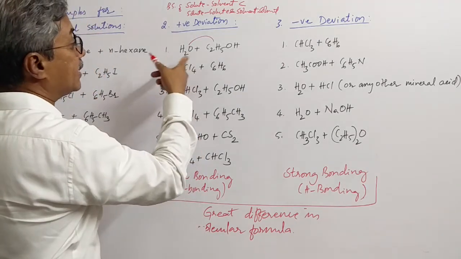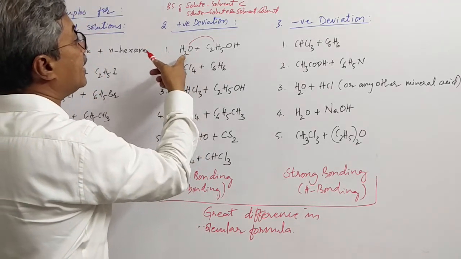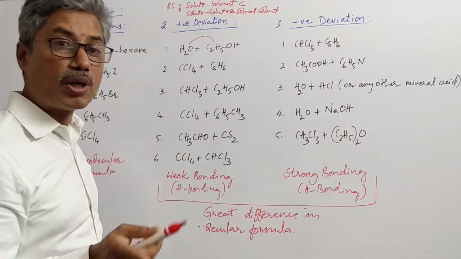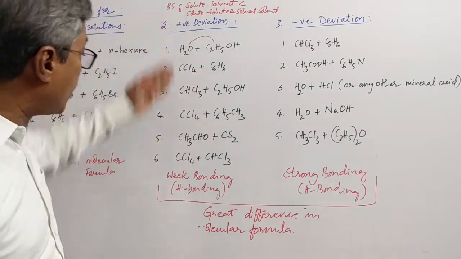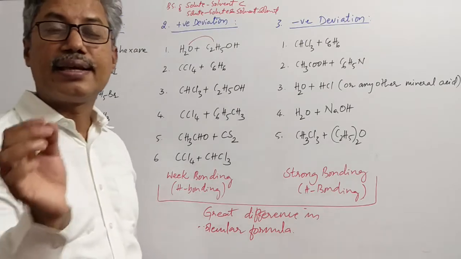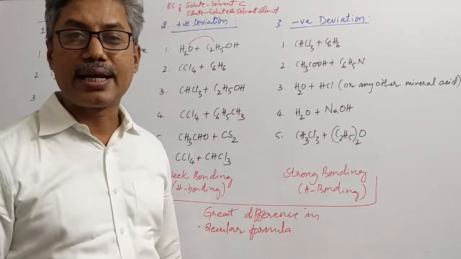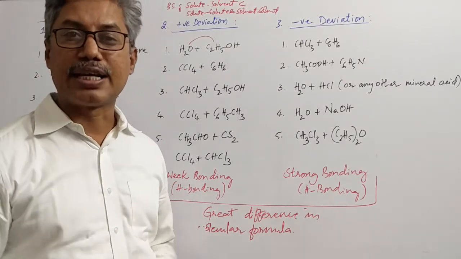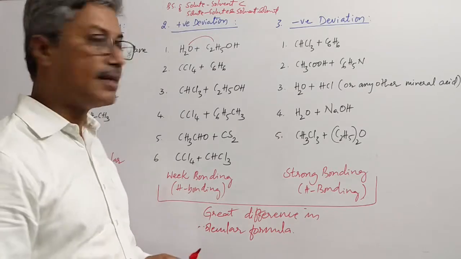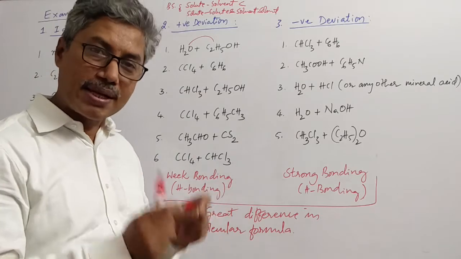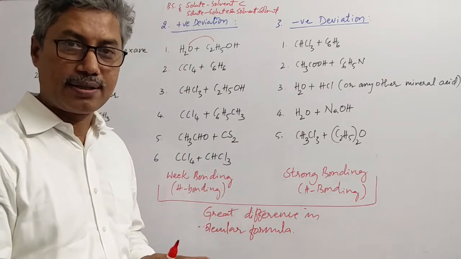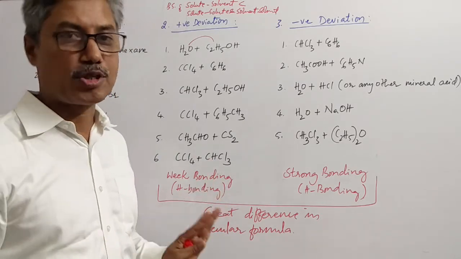And you notice here, there is a lot of difference between the molecular formulas of the two substances. So what we can conclude out of these examples is, if the molecular formula is greatly differing from one another, and if the bonding between the two upon mixing is found to be weaker, then it will show positive deviation.